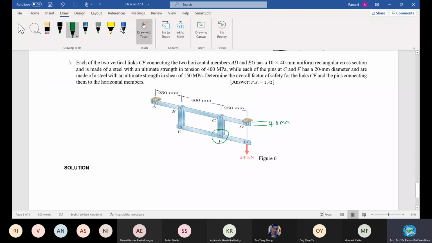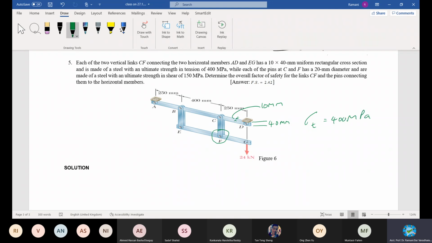Thickness of the material is there like this. Thickness is 10 mm given to you already. And then ultimate strength, tensile strength, is given. Tensile strength of the body is given to you, which is 400 megapascals. I will write later on.